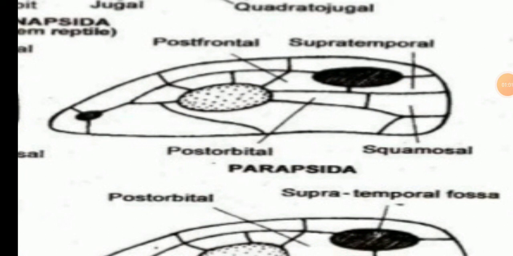This is the case of this parapsid skull, which is found in the ichthyosaurus, that is, the aquatic reptiles. So in the parapsid skull there has been addition of two extra bones along with the other bones, frontal and the supratemporal bones. Okay.